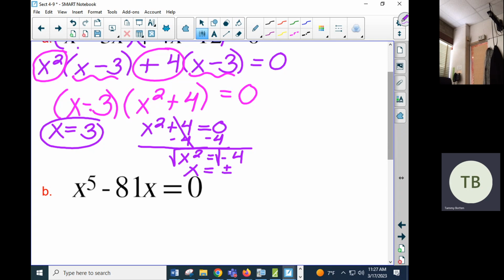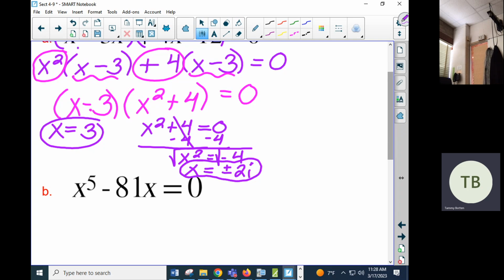If this is -4, do you guys remember what you get if you have a negative under a square root? You need the i. So if you have a negative under a square root, automatically that tells me I have an imaginary number. And the square root of 4 is 2. So there's my answer.